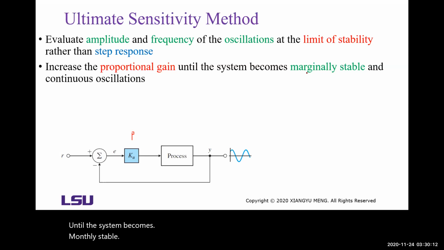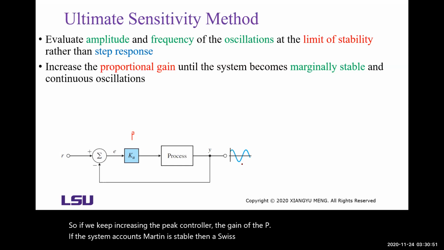As we mentioned, if the value of P is very large, it may cause instability of the system. If we keep increasing the gain of the P controller and the system becomes marginally stable, then its response will be a continuous oscillation.